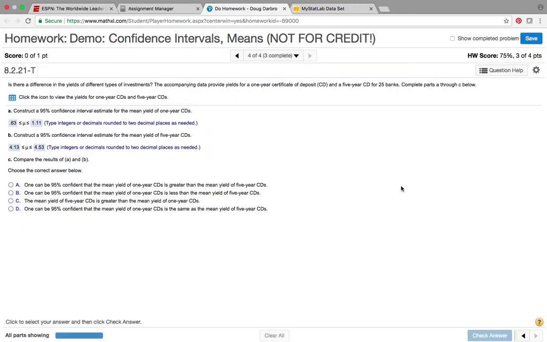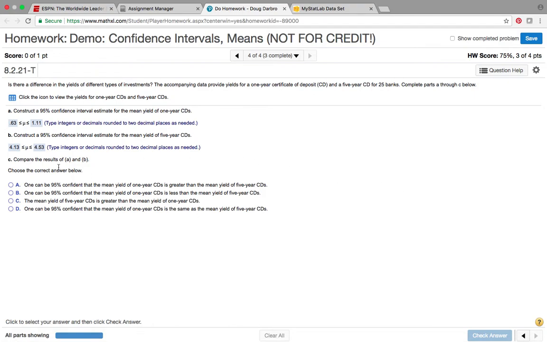Compare the results. Now guys, when I look at the 2 results, I see 0.63 up to 1.11 for A, and I see 4.13 up to 4.53 for B. The thing I see is those don't overlap.